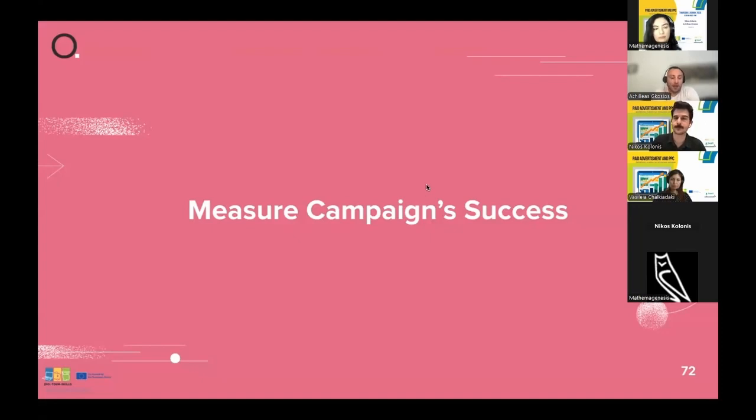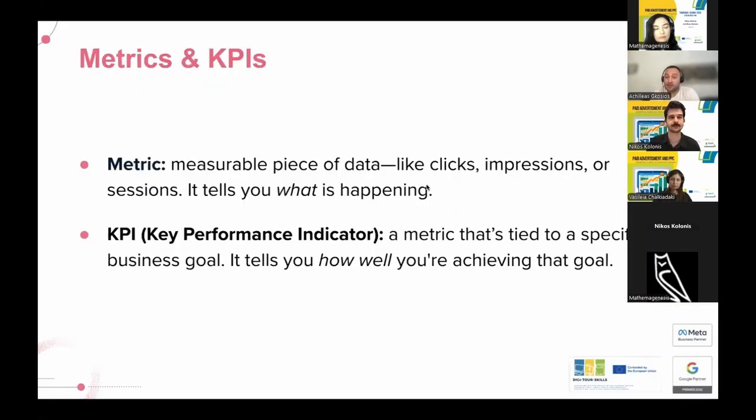And now we have set our campaign. It has been running for a month. We have spent 1,000 euros, for example. So we have to see how well it performed, how many bookings we have from our ads. First of all, and before looking at the specific platforms and KPIs, we should define the difference between metric and KPI.